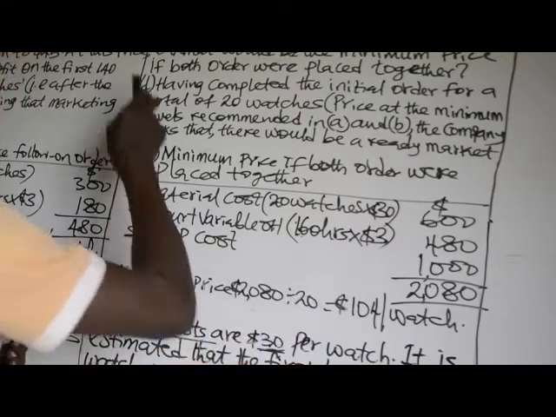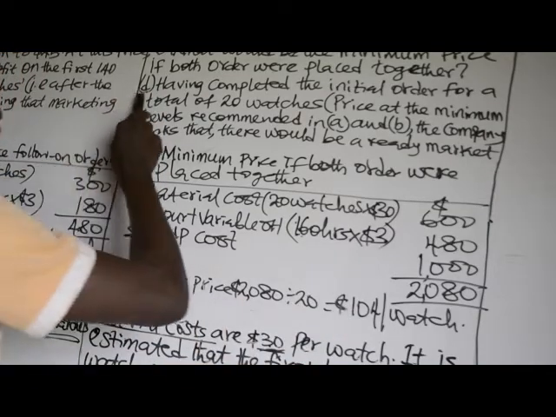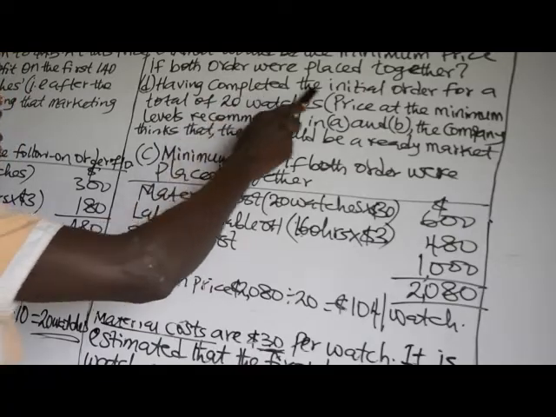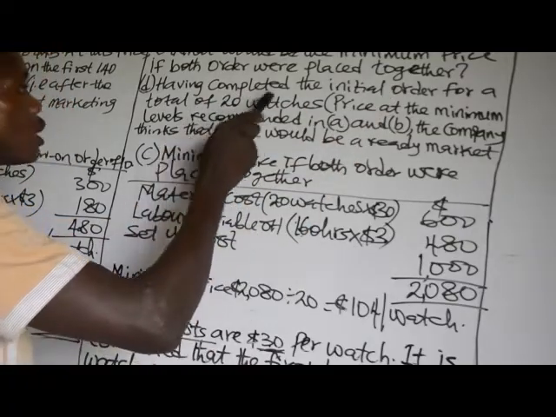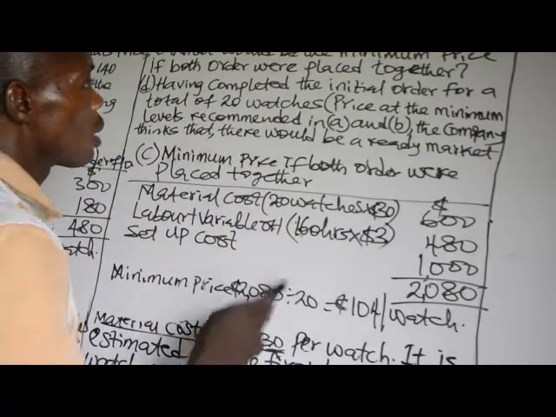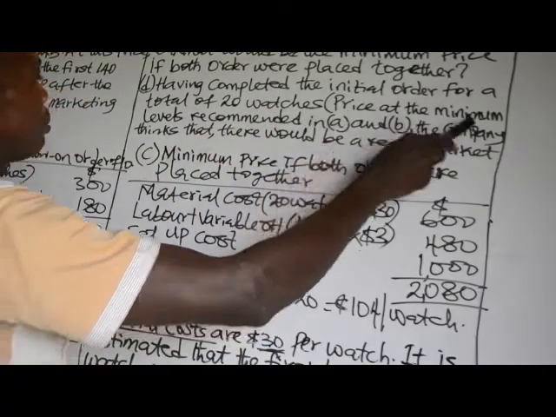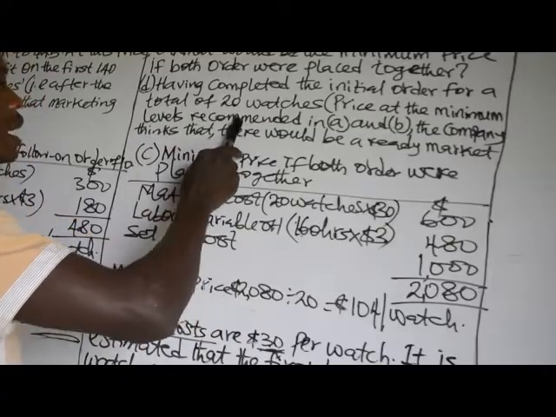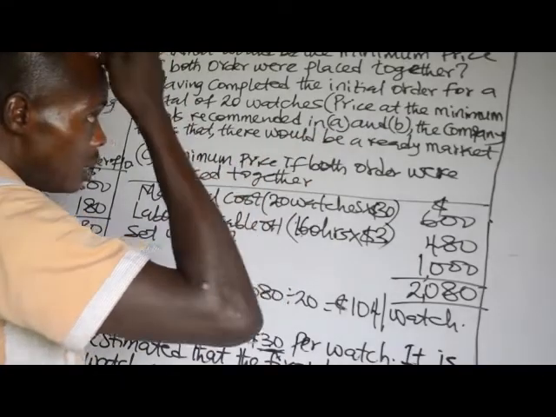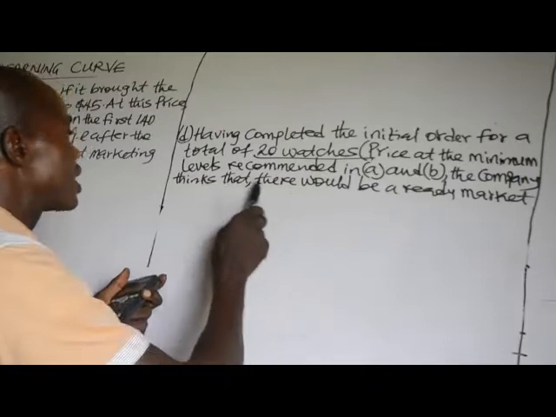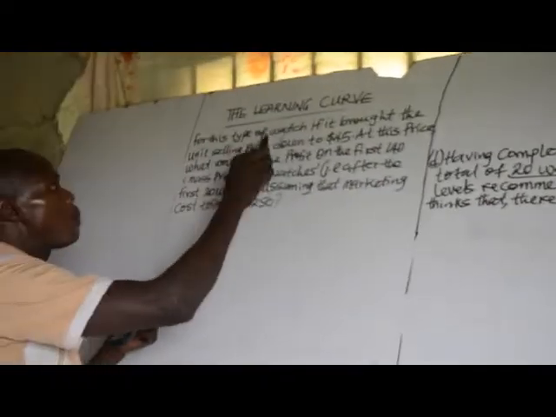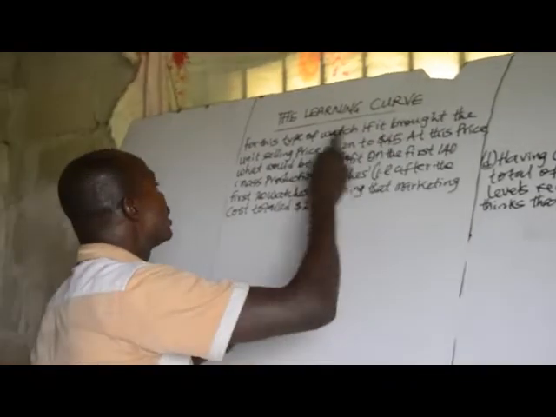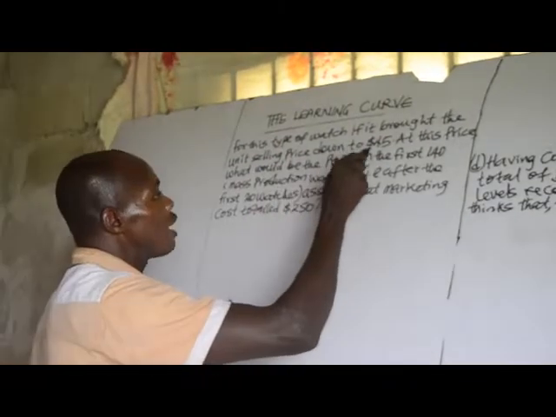That is the requirement C. Now D. Having completed the initial order for a total of 20 washes, priced at the minimum levels recommended in A and B, the company thinks that there will be a ready market for this type of watch if it brought the unit selling price down to $45.